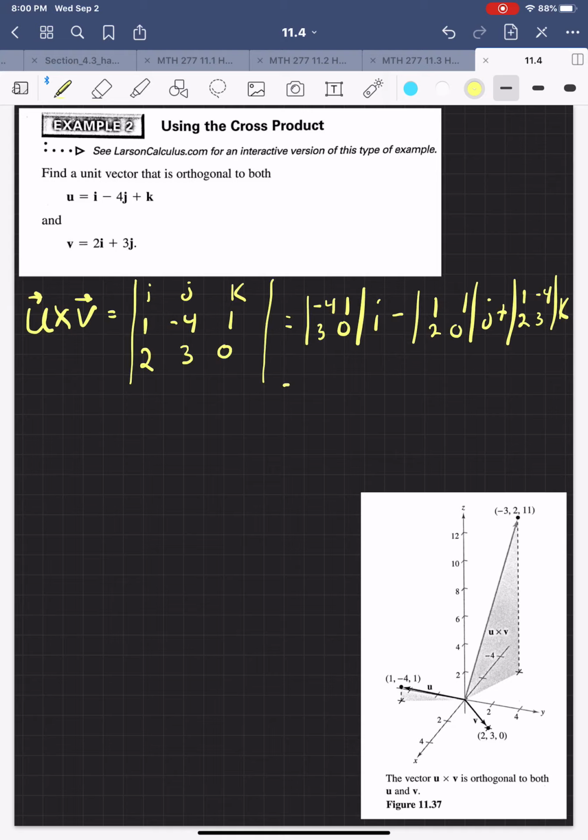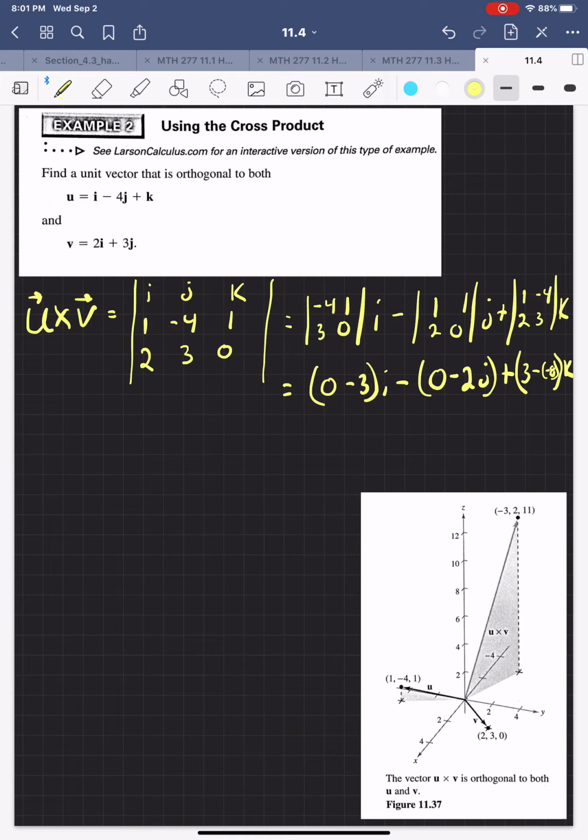Let's go ahead and finish this up. So this ends up being 0 minus 3i minus 0 minus 2j, and that's going to be plus 3, it's minus negative 8, I believe.